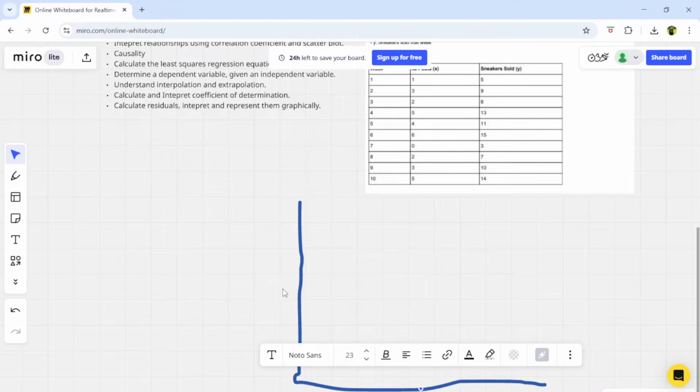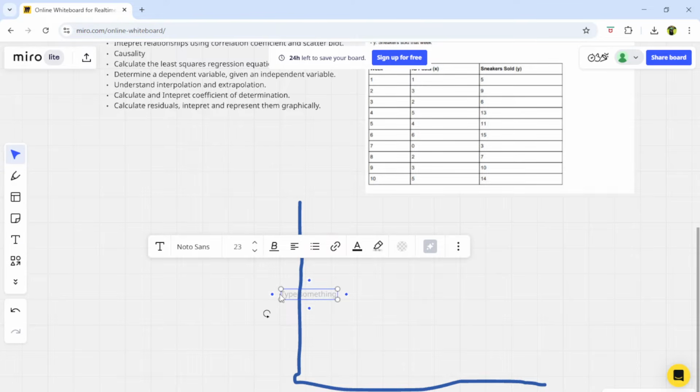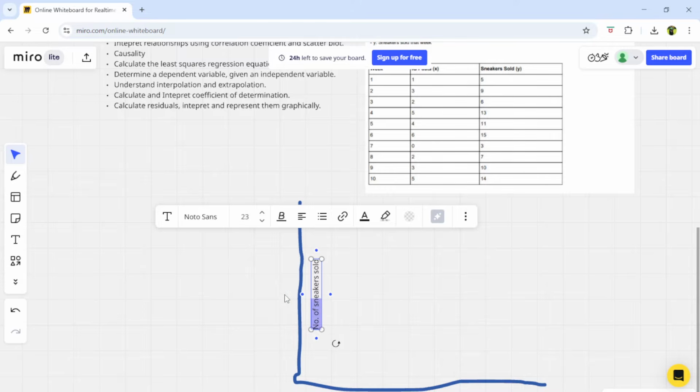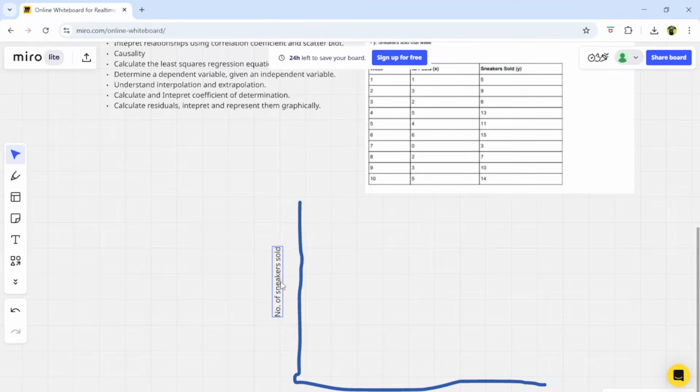And over here I'm going to have our Y variable, the number of sneakers sold. I'm just going to rotate that and put it over here. So this is the number of sneakers sold, and this is the IG posts per week.